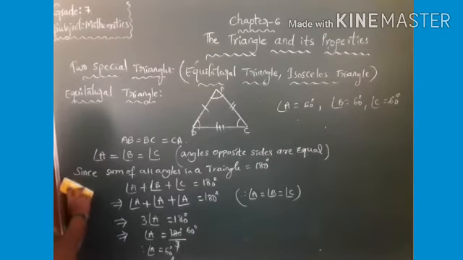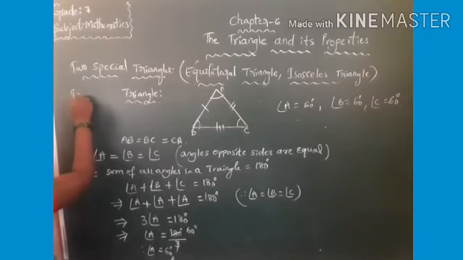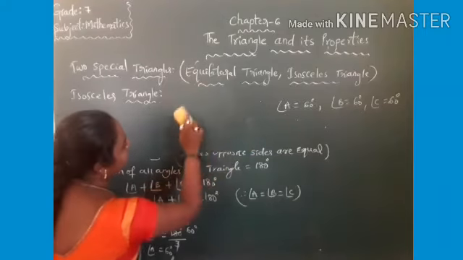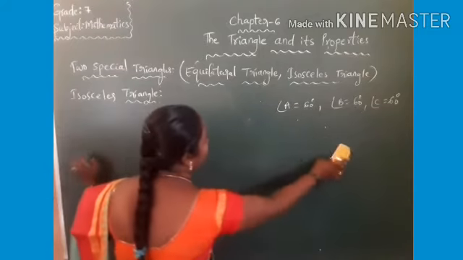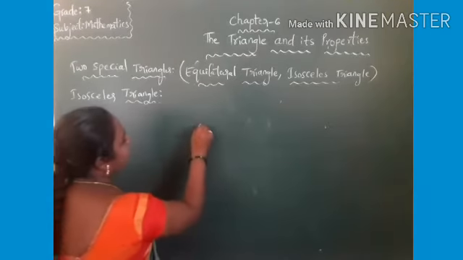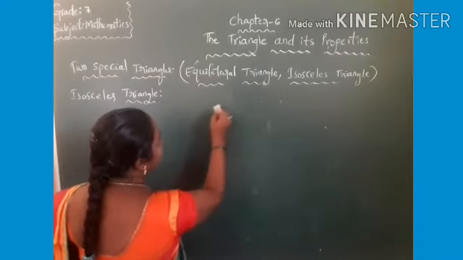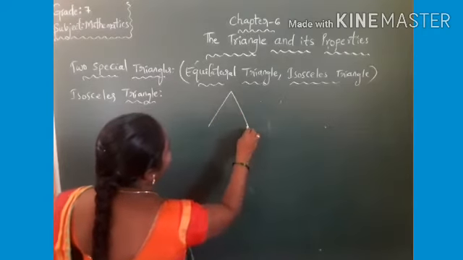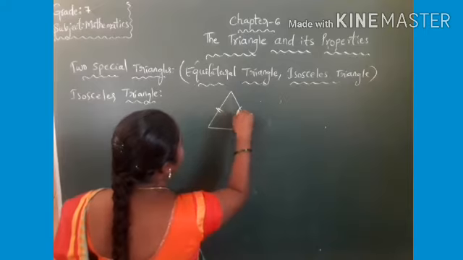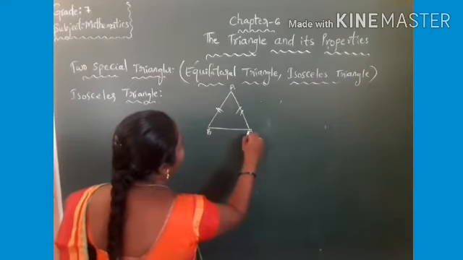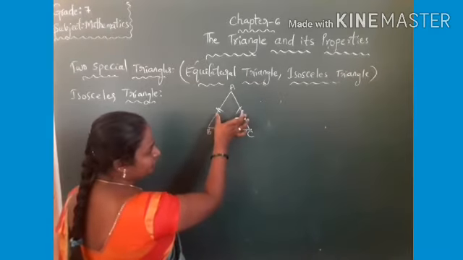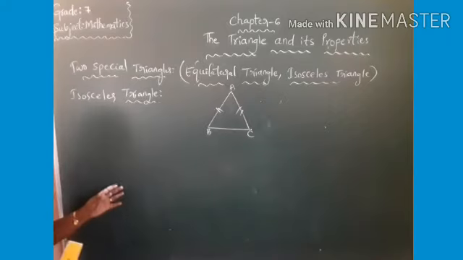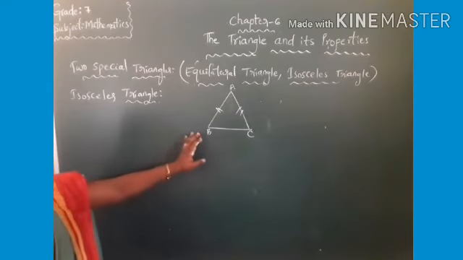And one more triangle is the isosceles triangle. Tell me, what does isosceles triangle mean? Yes, two sides are equal. In a triangle, how many sides are equal? Two sides are equal. So ABC is a triangle with two equal sides.